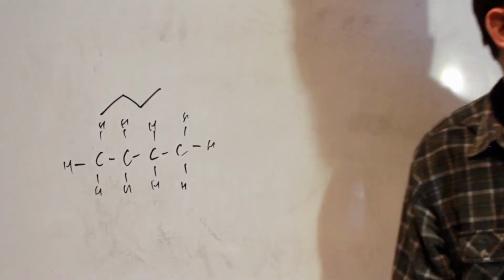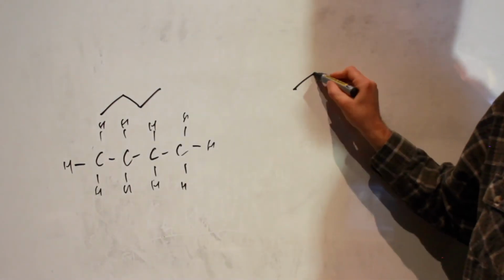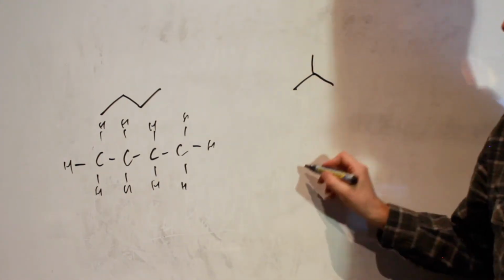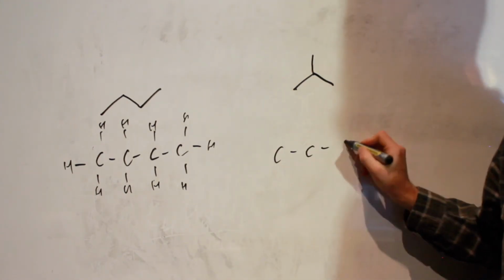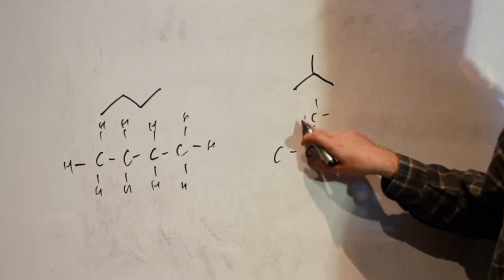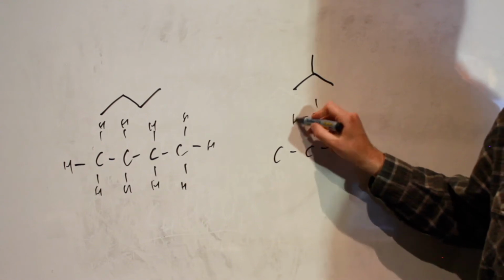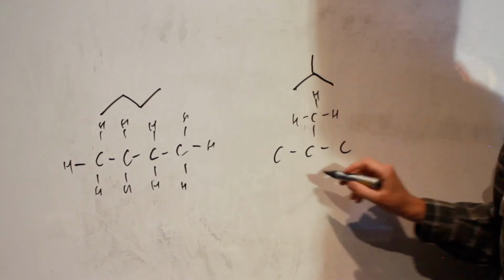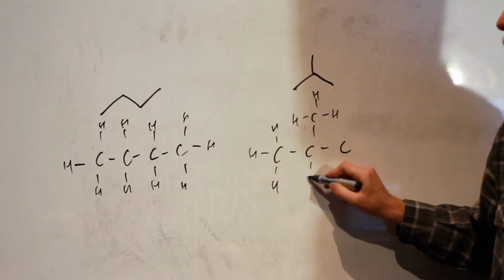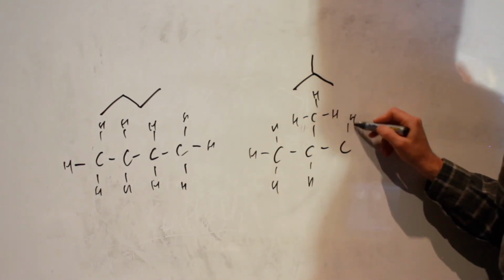Compare that to methylpropane, where we've got 1, 2, 3, and then we've got a methyl group coming off like that, which would look like this. We'd have our 3 carbons and then a methyl group off the top there. Now notice here that I haven't specified that it is 2-methylpropane. That's because there's only one possible methylpropane that you can have.